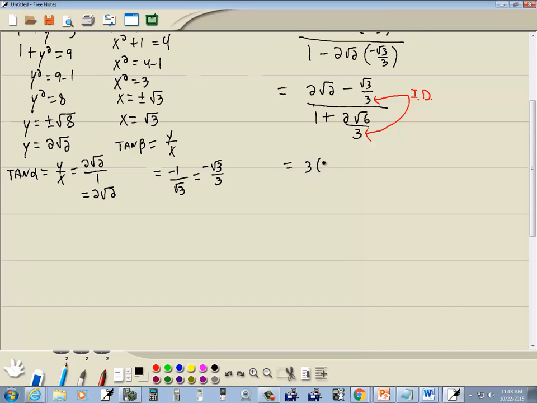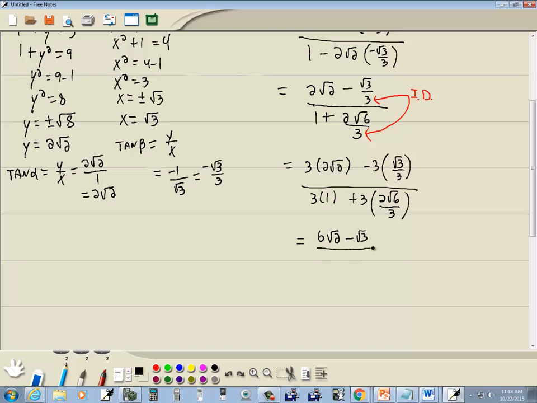So I'm going to take 3 times 2 square root of 2 minus 3 times square root of 3 over 3, over 3 times 1 and 3 times 2 square root of 6 over 3. Well, 3 times 2 is 6. We've got 6 square root of 2. Those 3's cancel, so we've got minus square root of 3. Down here we got 3, and those 3's cancel, and we got 2 square root of 6.